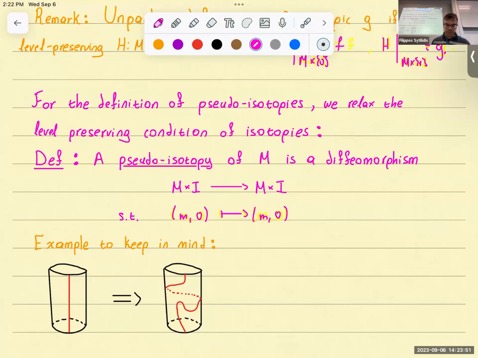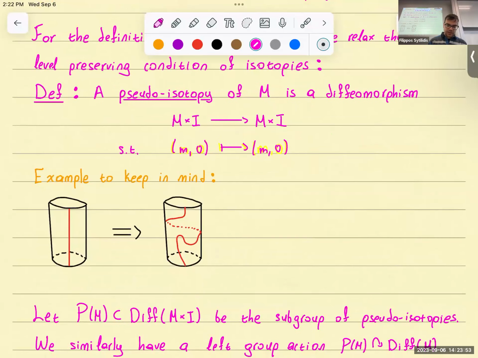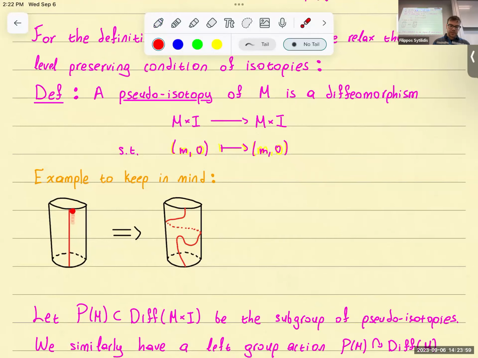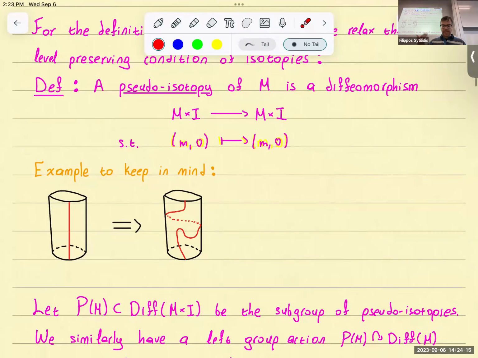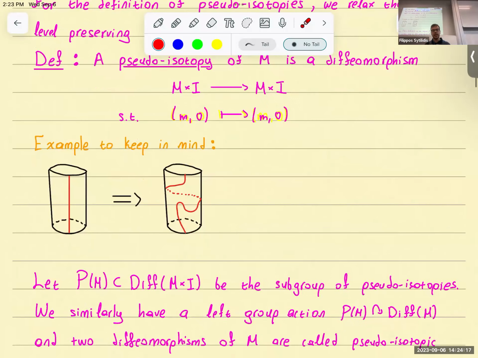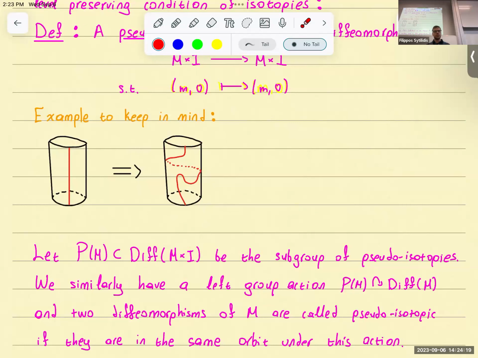Again, an example to keep in mind would be a diffeomorphism from the cylinder to the cylinder that sends this red line to this red line. So this is no longer level-wise preserving. We have a level here where we have, for example, 3 points. And then I'm doing exactly the same thing, so we can define a subgroup of pseudo-isotopies.